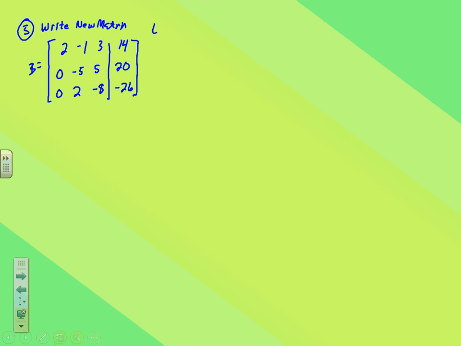Now we have one more row operation. The element of row 3, column 2 has to become 0. So the last thing we have to look at is what I'm going to do to make the 2 that's in row 3 become a 0. At this point, you might want to make a note to yourselves.